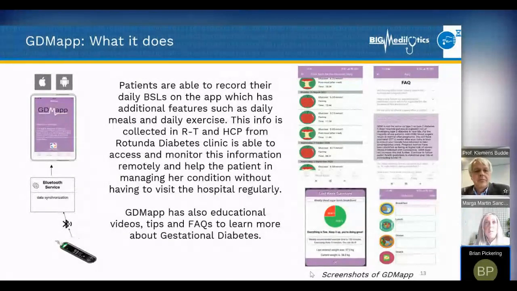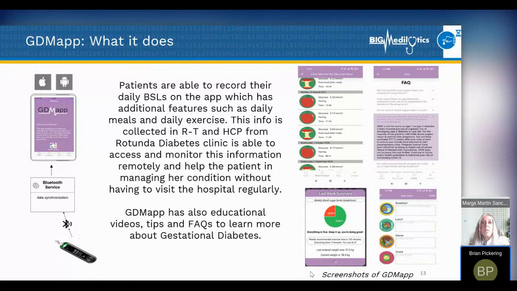And the application also has additional features, so the patient can input their food intake and also the daily exercise, which is also of relevance for the GDM treatment. All this information is collected in real time, so the clinicians are able to access and monitor the information gathered from the app remotely and can help the patient in managing their conditions without having to visit the hospital on a regular basis.